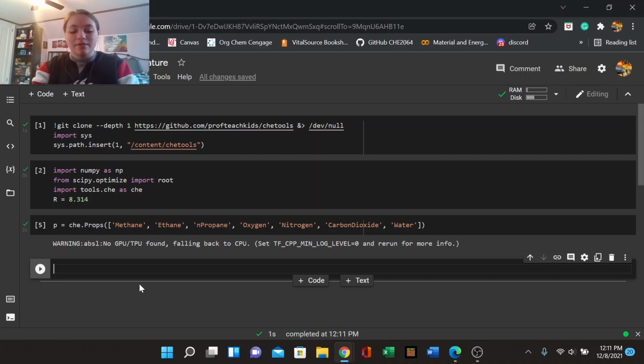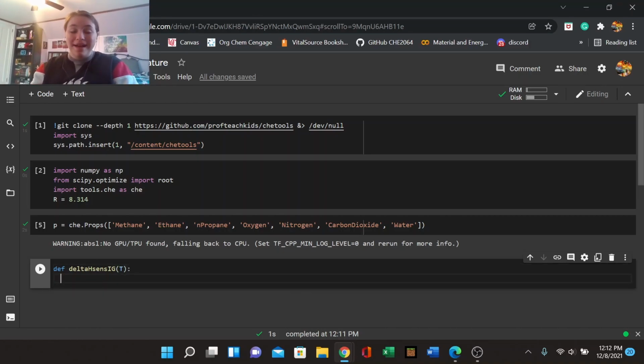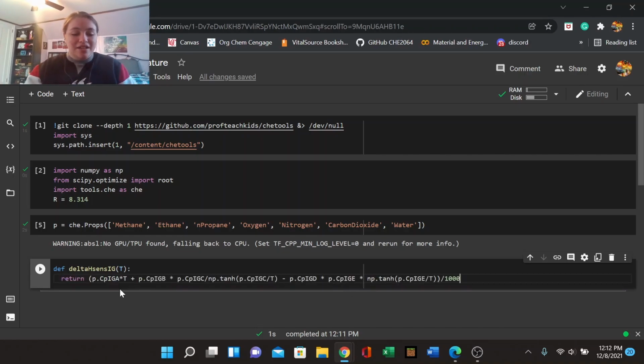This is going to be in the definition of an equation that we're going to name delta H sense ideal gas, and our independent variable is T. I made my life easier, and to not mess up, I copied and pasted that. This is basically just our integrated equation that we talked about with our A values, like A, B, C, D, and E.